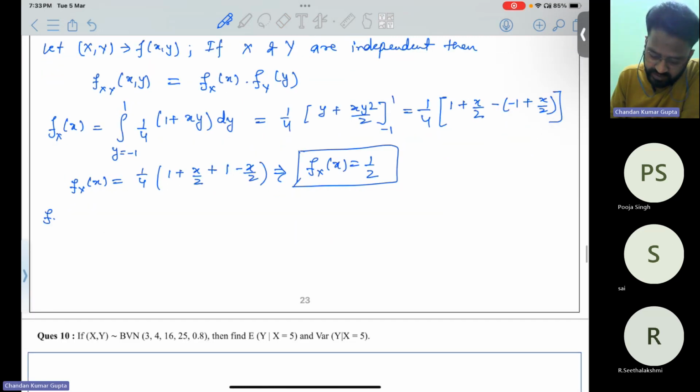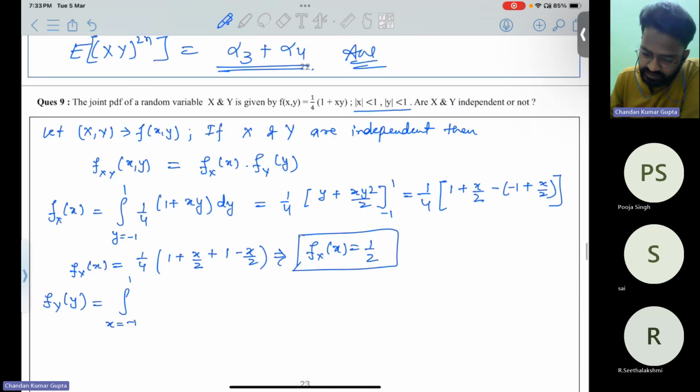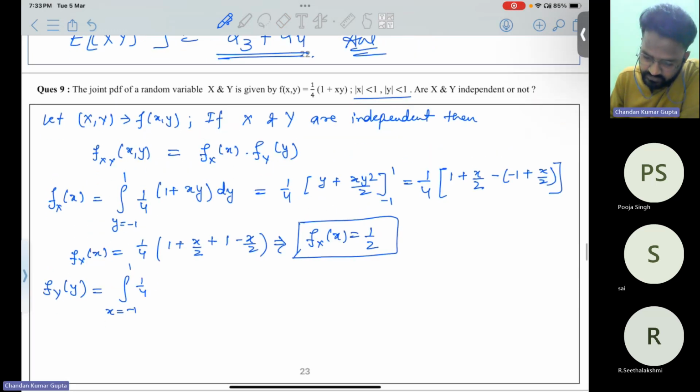Similarly, we need to calculate the marginal of y, which is the integral over x from -1 to 1 of 1 by 4 (1 plus xy) dx.